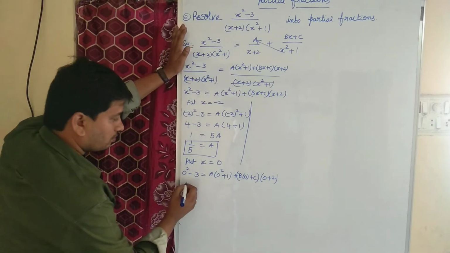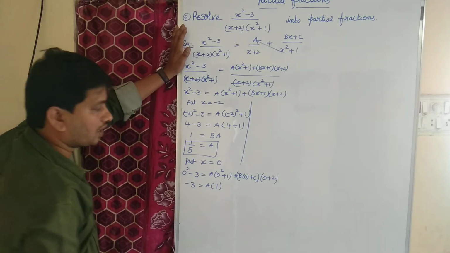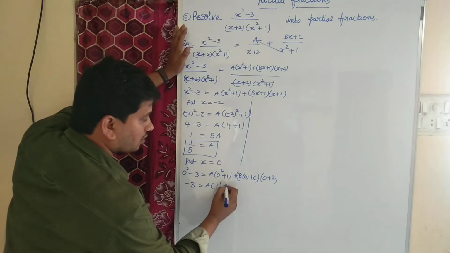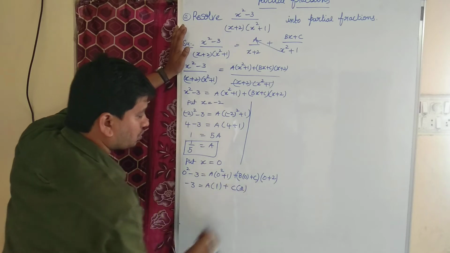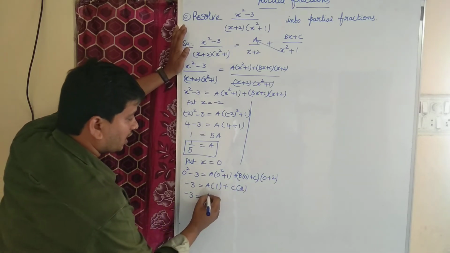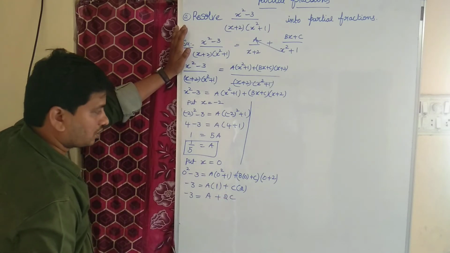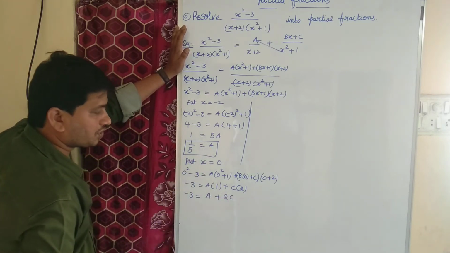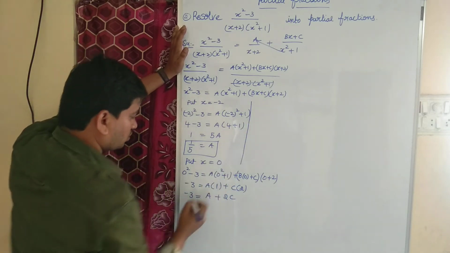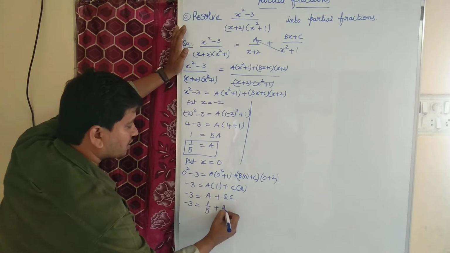Children, minus 3 equal to a into 0 square means 0 plus 1, 1, b into 0 is 0, children. So c into 0 plus 2, 2. So minus 3 equal to a into 1, a, plus 2 into c, 2c. Right? As we got the value of a how much? 1 by 5, right? So minus 3 equal to a value 1 by 5 plus 2c.